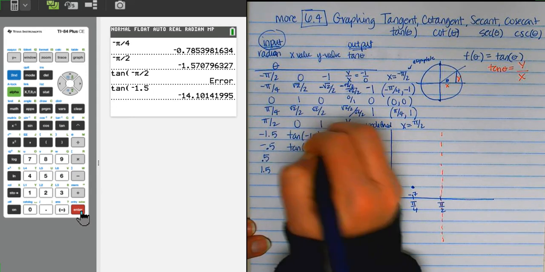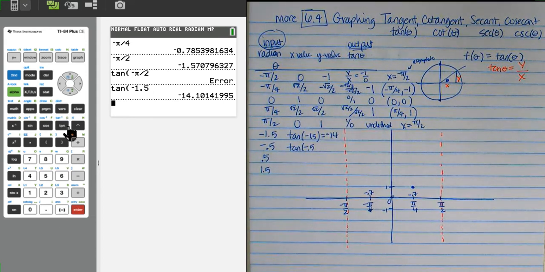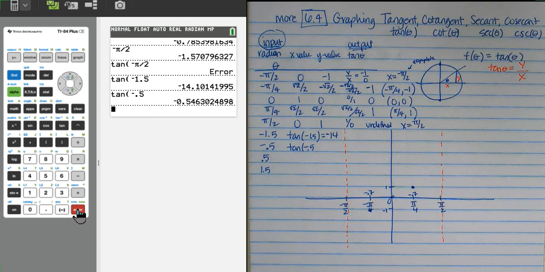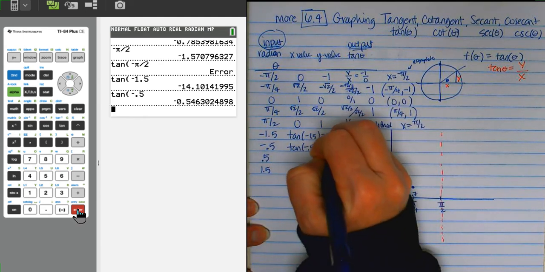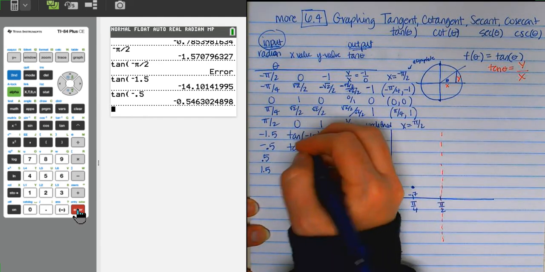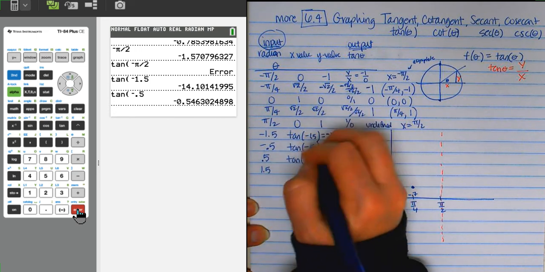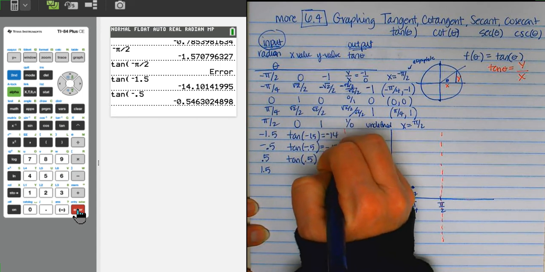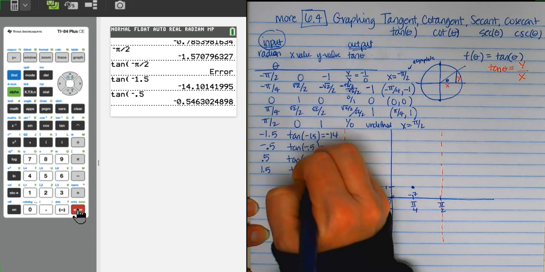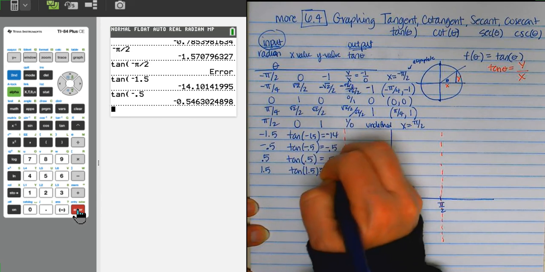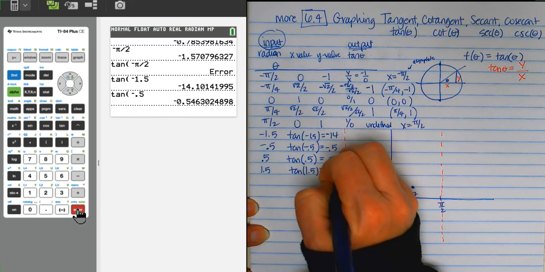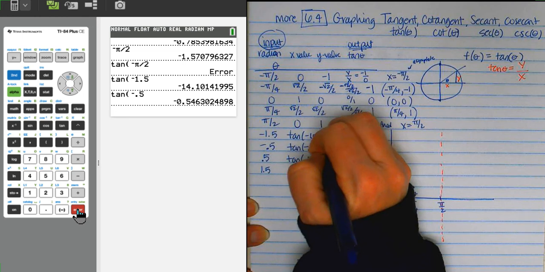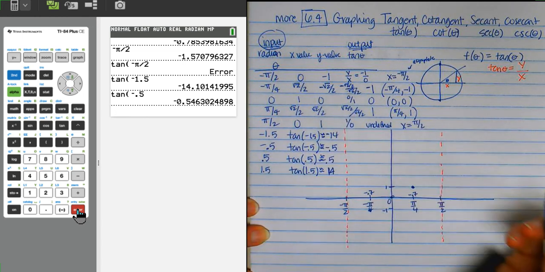Tangent of -0.5 is -0.54, and then these two are the same values but positive. Tangent of 0.5 is 0.54, and tangent of 1.5 is approximately 14. I probably should have put that for all of these, approximately, because I rounded them.